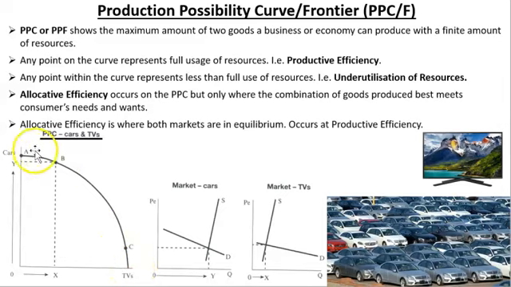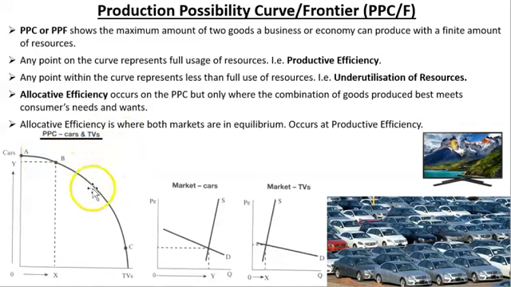Because the curve is shown between both the x and y axis points here, this represents the combinations where our producer is using all of its resources to produce both cars and TVs. So point B, our producer is making Y amounts of cars and X amount of TVs.